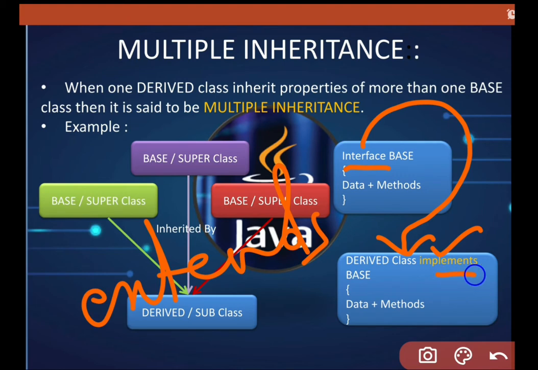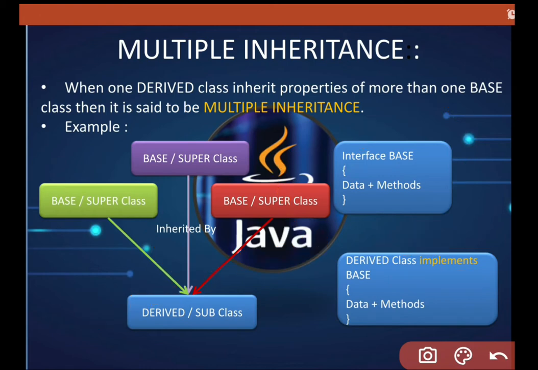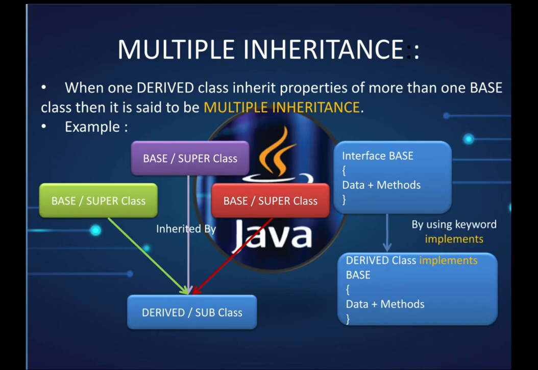We can have any number of base interfaces in one derived class. We just put a comma here and write a different interface name. We can inherit more than one interface in one class to apply multiple inheritance by the keyword implements.